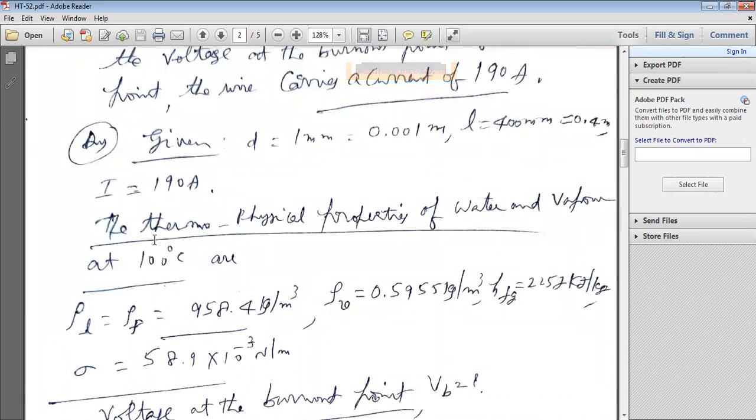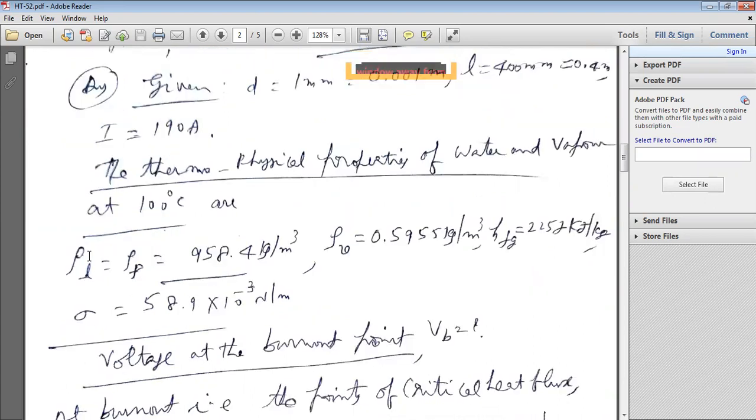That's why you have to note down the thermophysical properties of water and water vapor at 100 degrees centigrade. The density of the liquid water is 958.4 kg per meter cube. That you have to note down from the data book. The density of water vapor at 100 degrees centigrade is 0.5955 kg per meter cube.